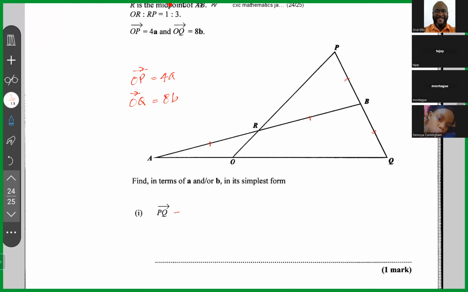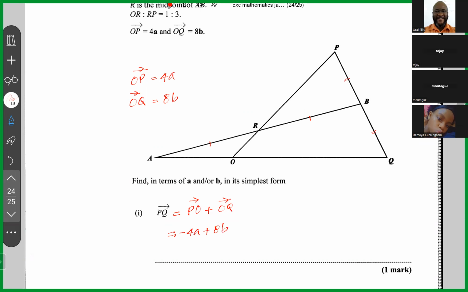Now using the triangle law of vectors, the vector PQ would be equal to PO plus OQ. Now, if the vector OP is 4A, the vector PO is minus 4A. You're going in the opposite direction. And the vector OQ is actually 8B.